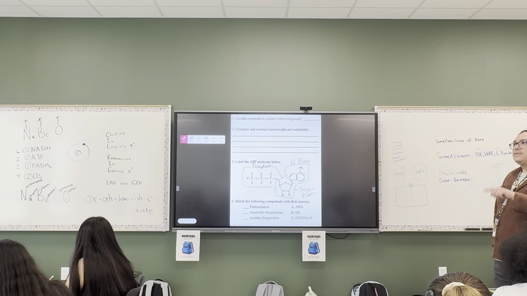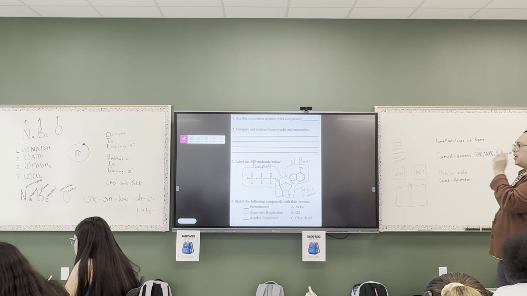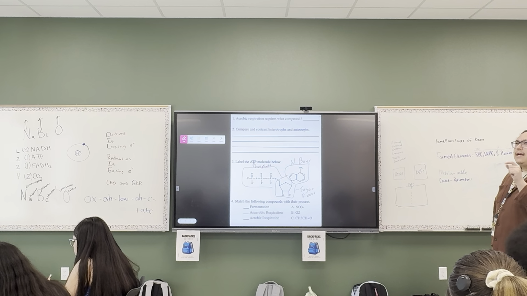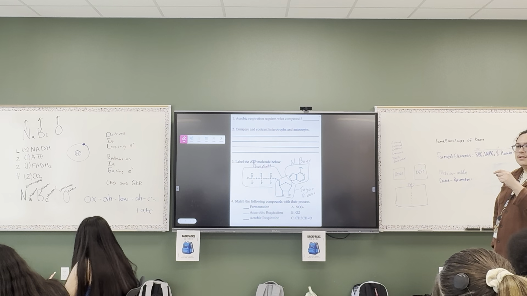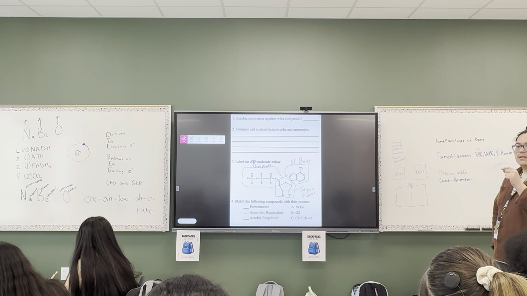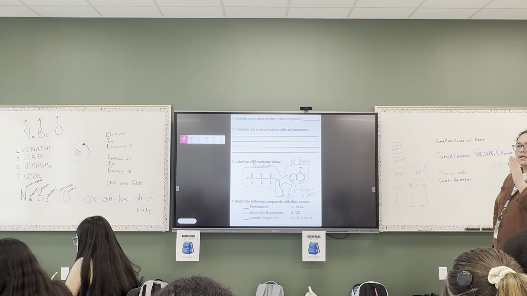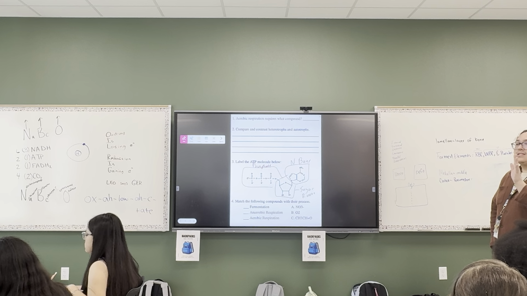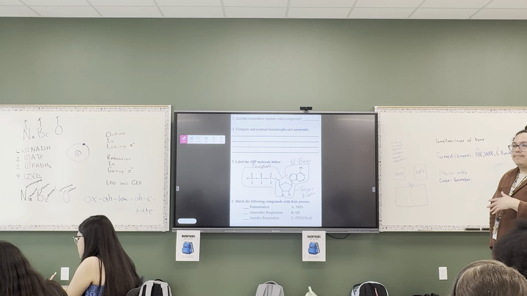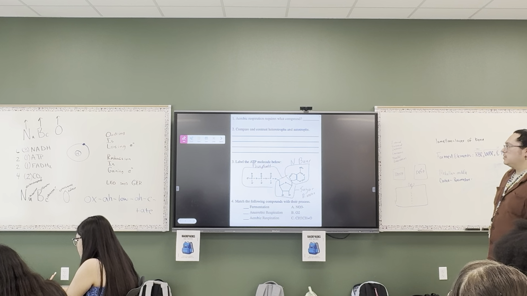But looking back at the notes, it says that after the parts of the ATP molecule, if oxygen is present, what do we call that type of cellular respiration? Aerobic respiration. And if oxygen is not present, what do we call that? Anaerobic respiration.